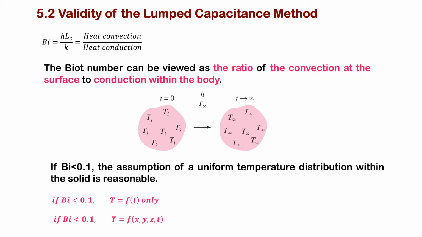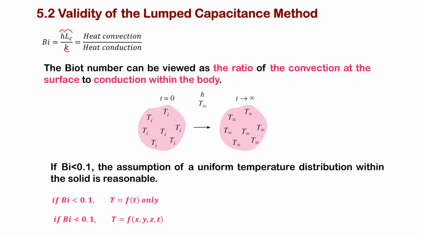So the next topic that we will cover is the validity of the lumped capacitance method. We just mentioned three key parameters that influence the approximation to the lumped capacitance. These were thermal conductivity, convective heat transfer coefficient, and the size.